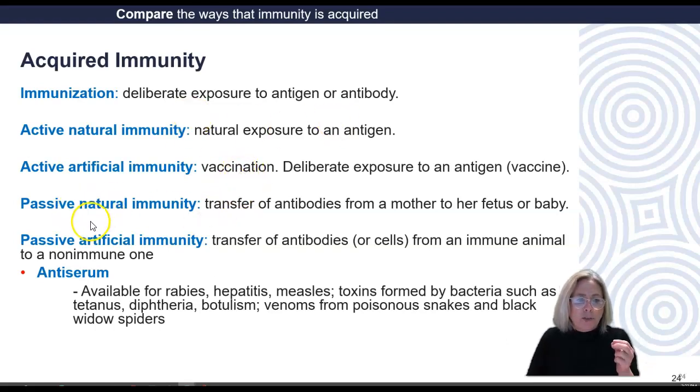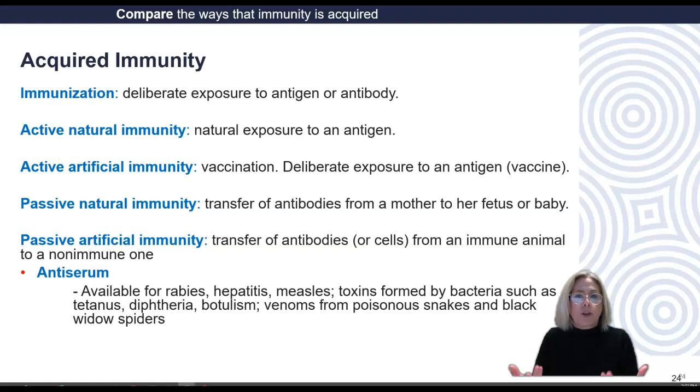Now, passive then doesn't require your immune system to do anything. It's literally just the transfer of antibodies. And this includes passive natural immunity and passive artificial immunity. With passive natural immunity, we see the transfer of antibodies from a mother to her developing fetus, or to the baby in milk, so in the lactating mother.